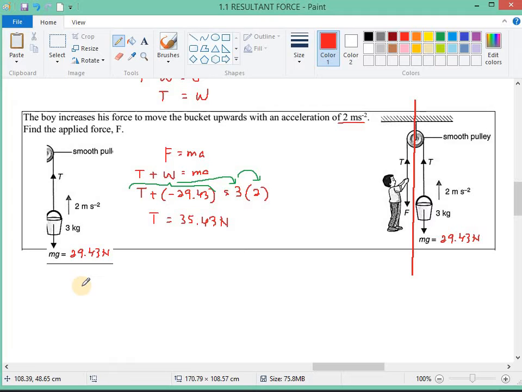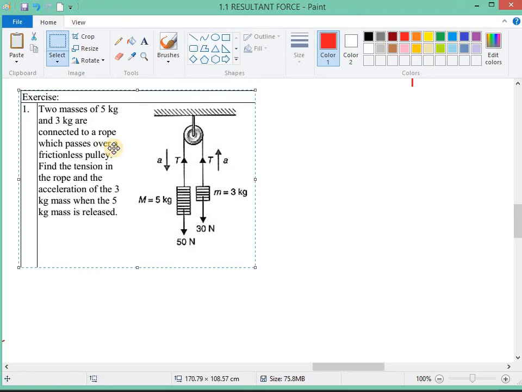This is very logical, right? Because the bucket is accelerating upward, the force upward must be larger than the force downward. Then only it can accelerate up, right or not? All right.